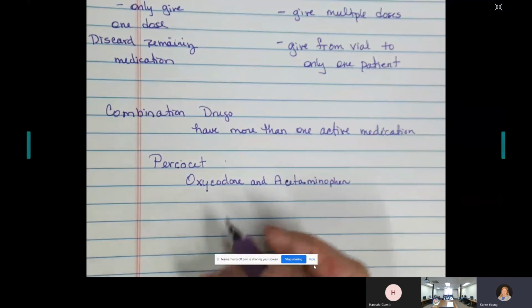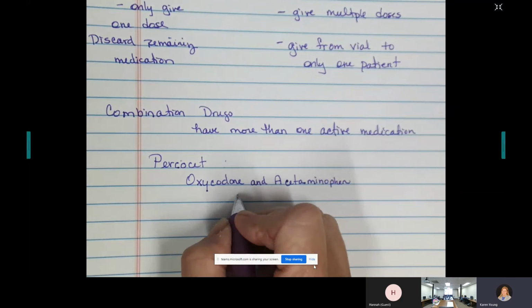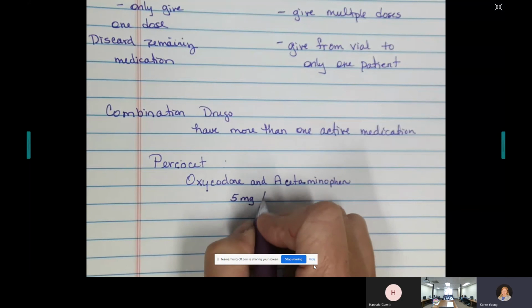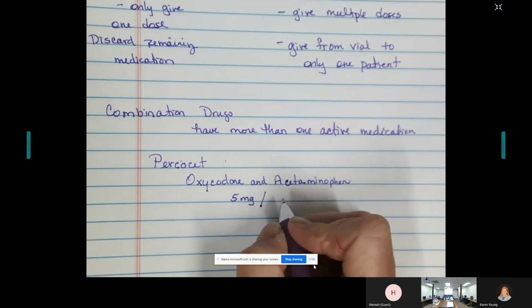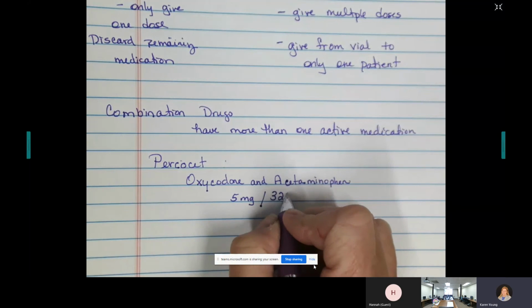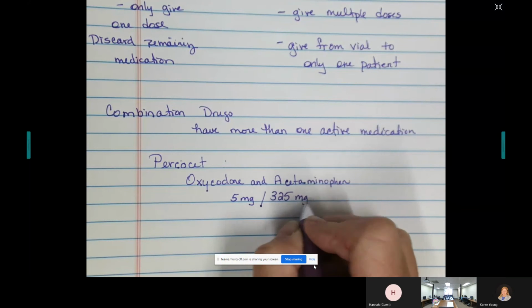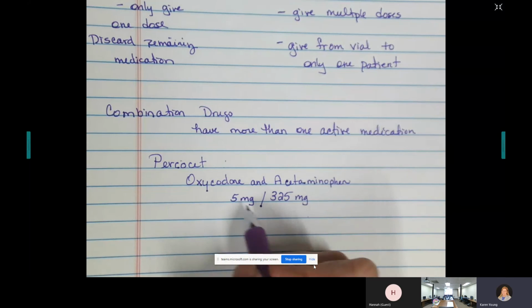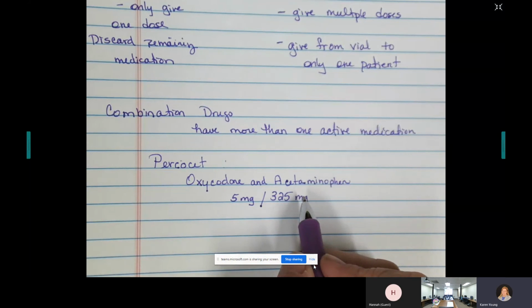And what it does, it gives you two different dosage strengths. It gives you like 5 milligrams per 325 milligrams. That's 5 milligrams of oxycodone and 325 milligrams of the Tylenol.